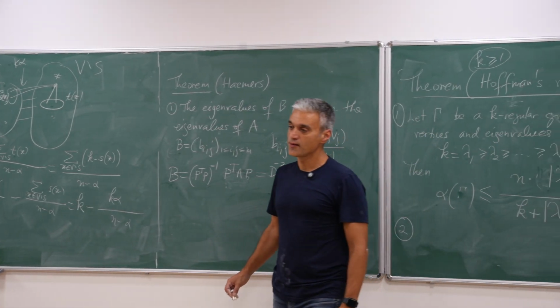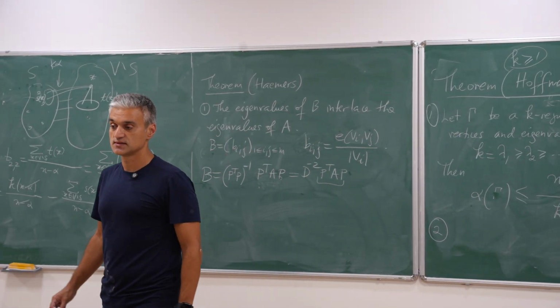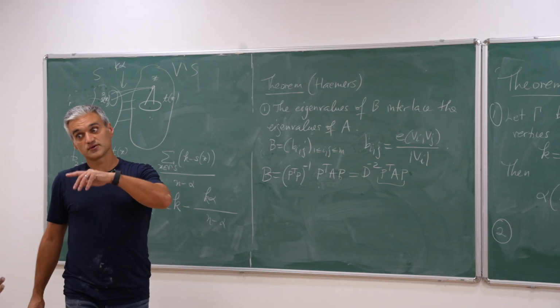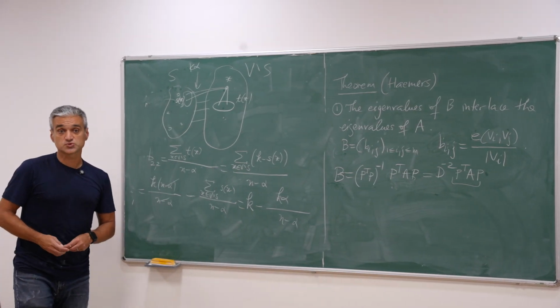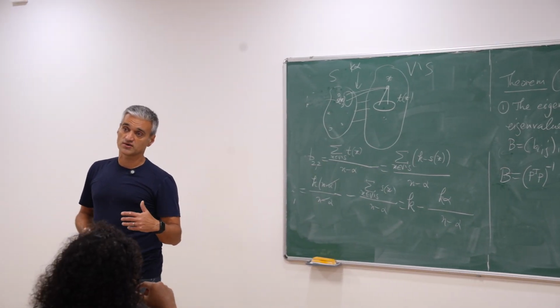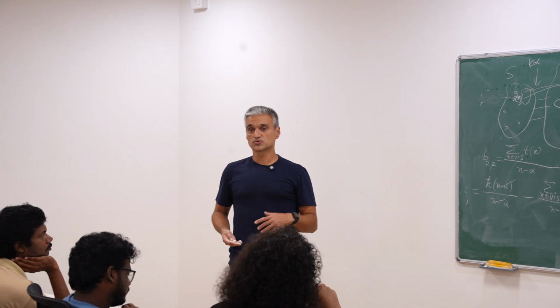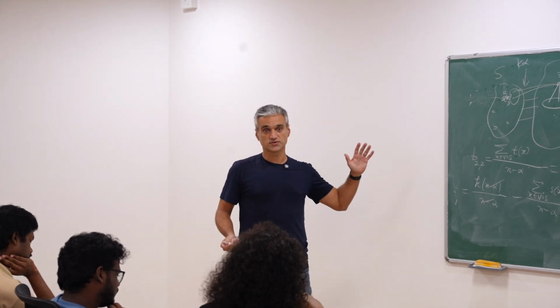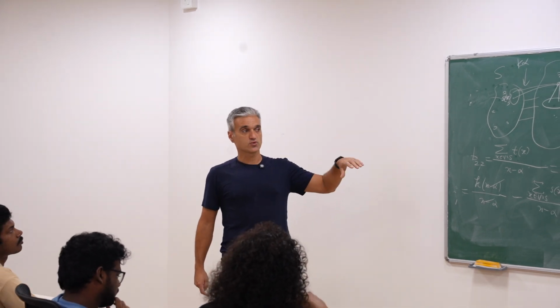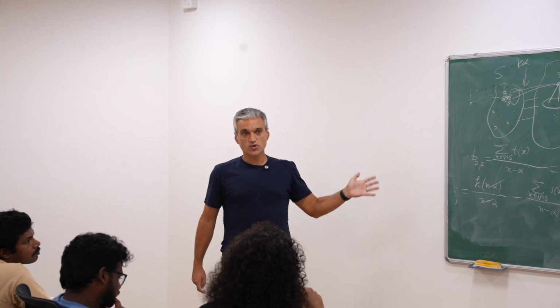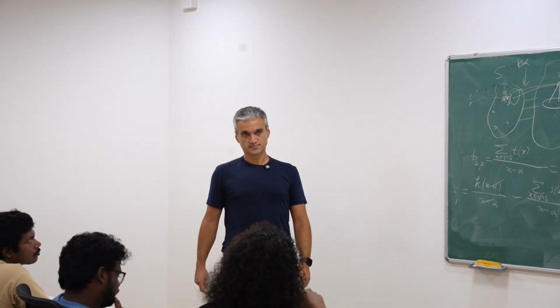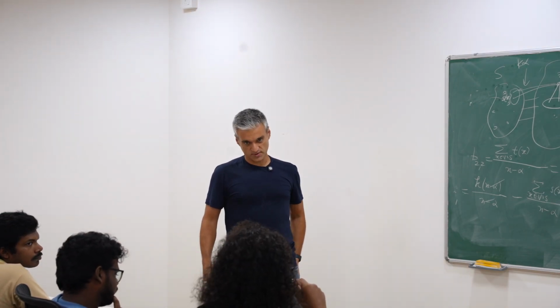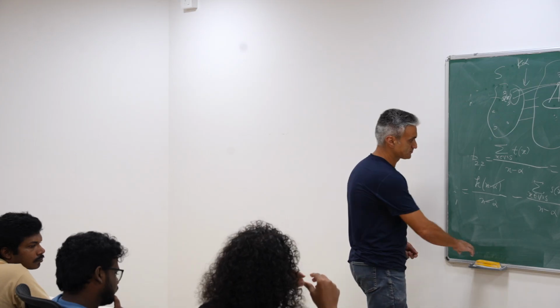For the matrix B, the row sum should be k. So this will always happen. If you have a k-regular graph, and you take any quotient matrix that you want, and you define the entries of the quotient matrix the way we did, the row sums will always be k.